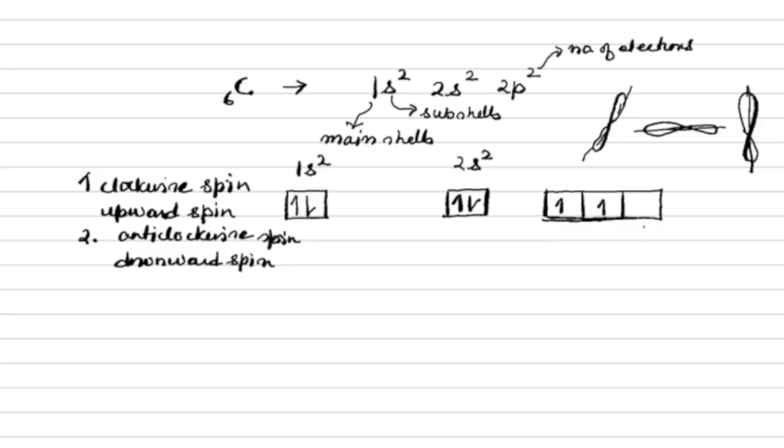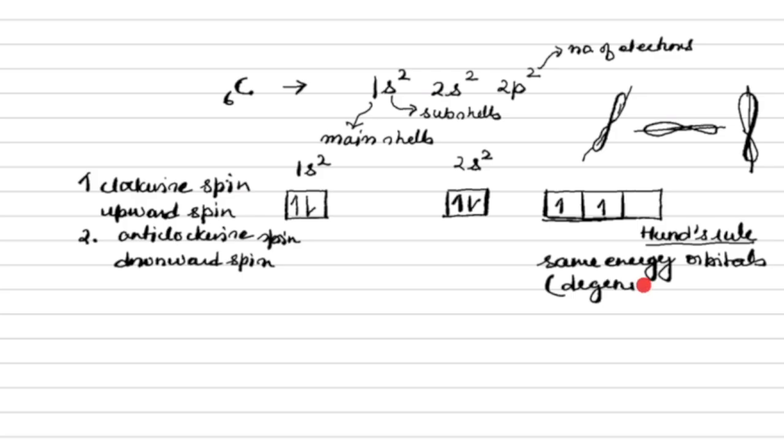Because there is a rule. We'll follow Hund's rule. Whenever we are filling same energy orbitals, which we have a fancy name for, degenerate orbitals, first you need to singly fill them with parallel spin, like what we have done here.